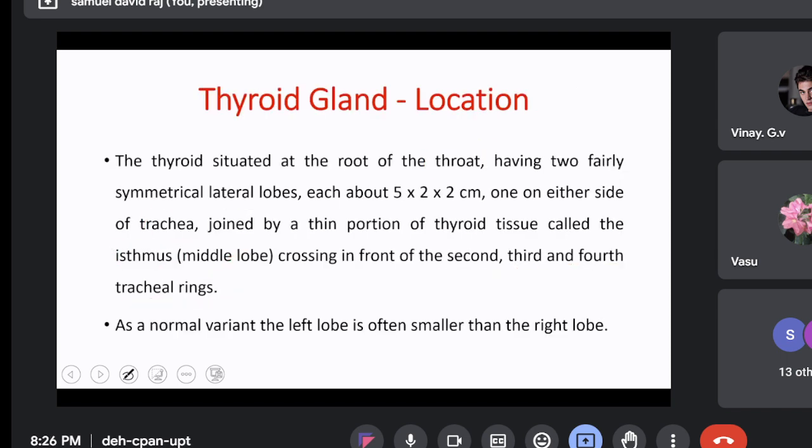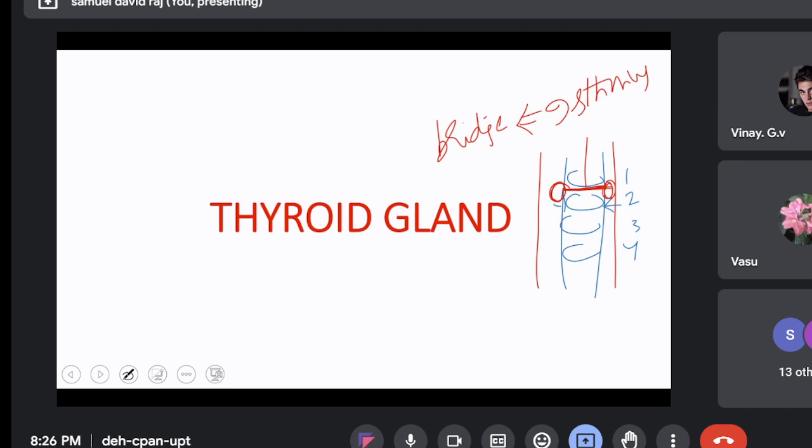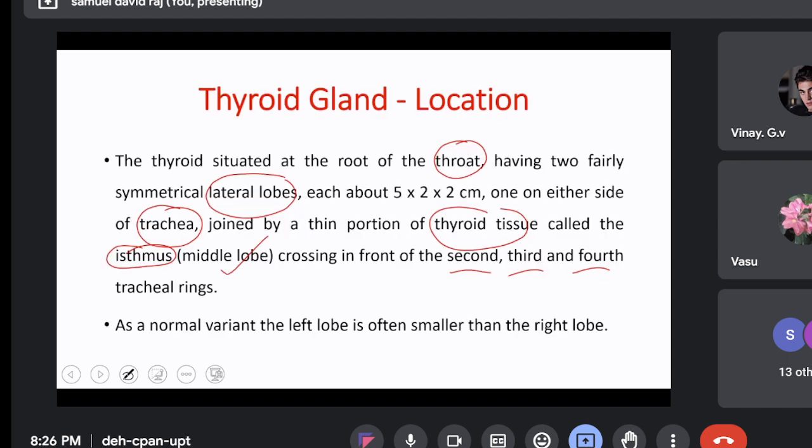Thus, the thyroid gland is situated at the root of the throat, represented by two lateral lobes on either side of the trachea, joined by thyroid tissue called the isthmus, which is also called the middle lobe, that is present in front of the second, third, and fourth tracheal rings.